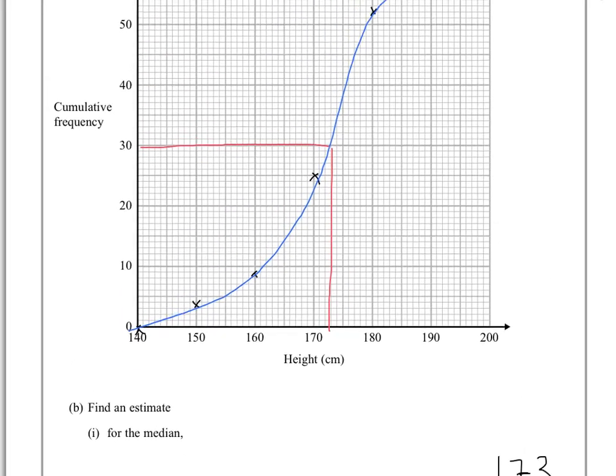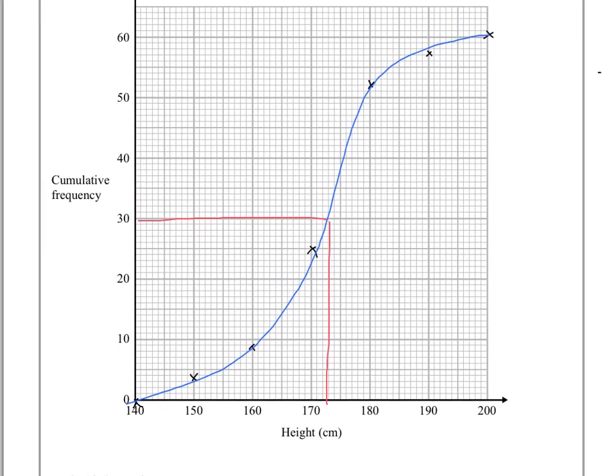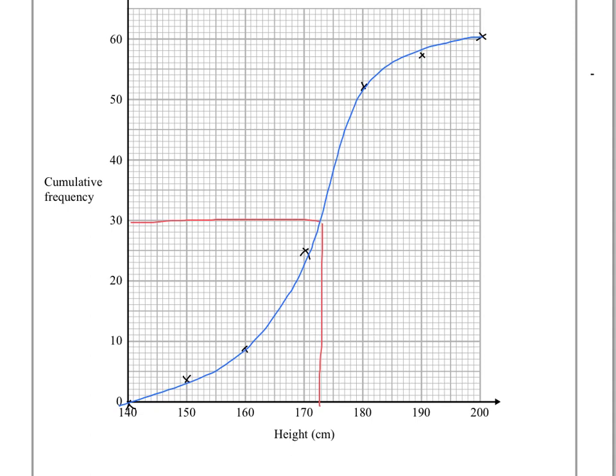And again, the way that we do that is, we know there's 60 students altogether, so 25% of 60 is 15, so around 15 is going to be our lower quartile. So let's say that's 165, that's the lower quartile. The upper quartile is going to be the 75th percentile, so 75% of 60 is 45, so that's going to be up here somewhere.